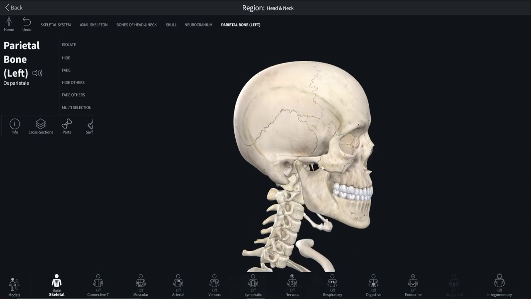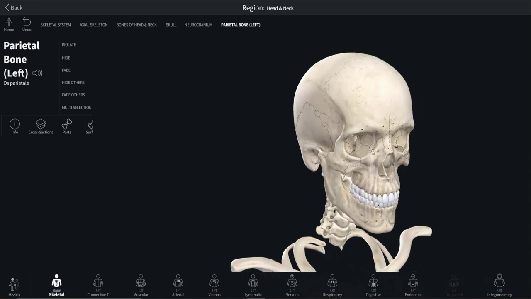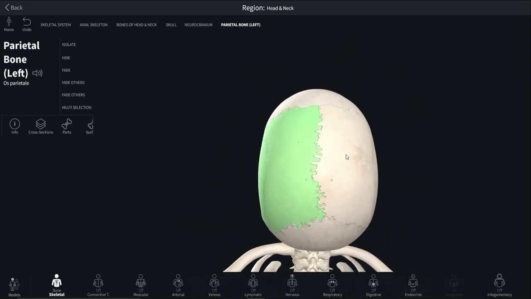We did not face this problem when we were talking about the mandible, because the mandible is an unpaired bone. But here the problem is: which sided parietal bone are we talking about? Is it the left one or is it the right one?